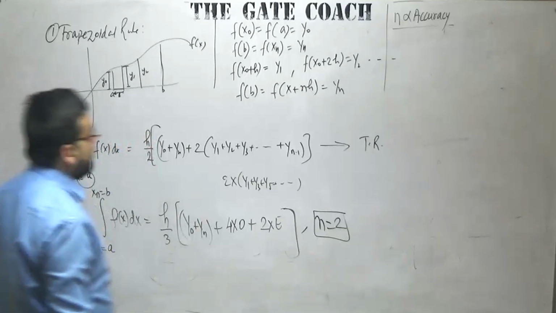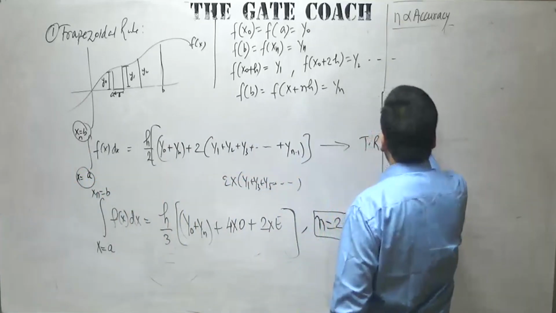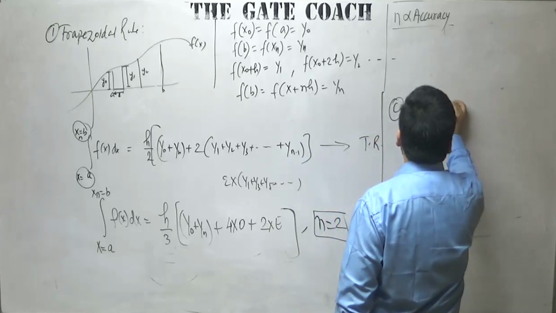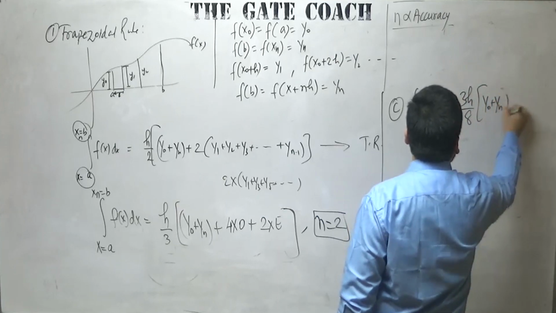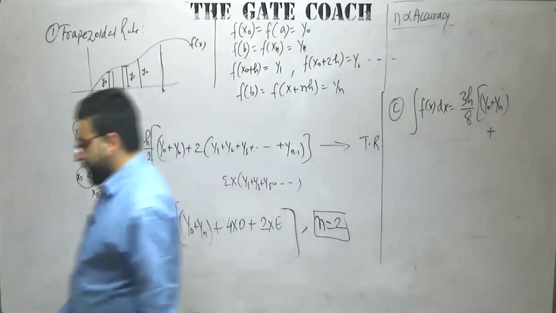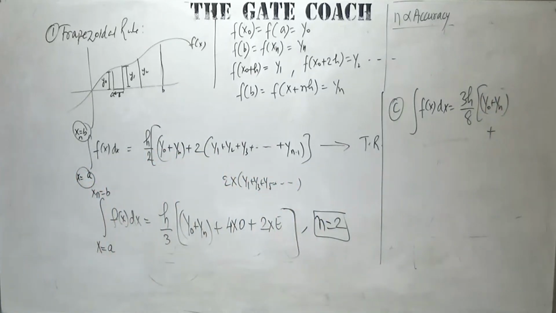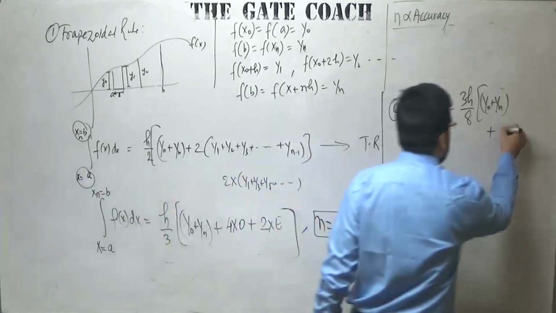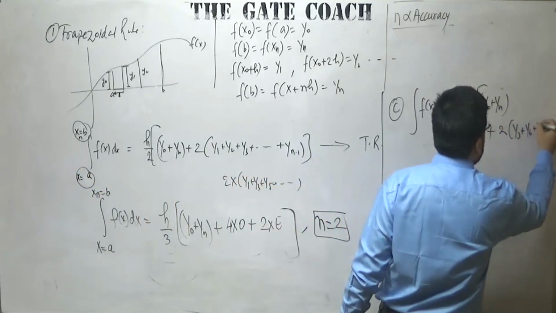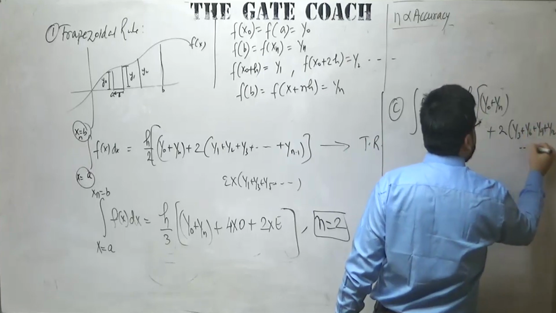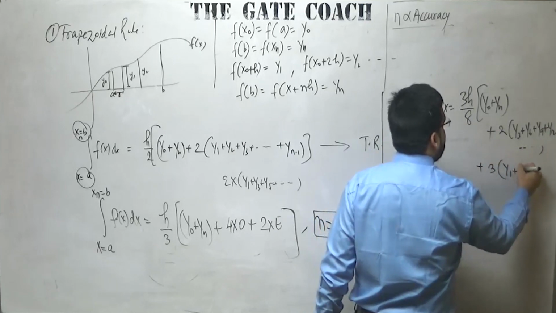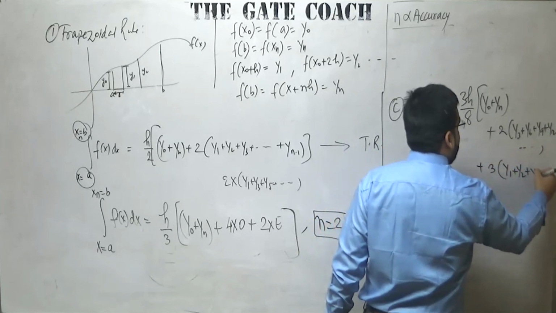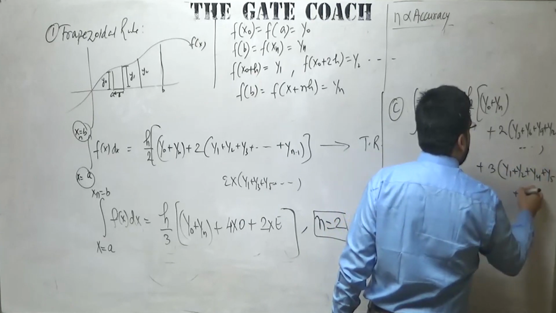Next one, number C, Simpson's 3/8 rule. Integration of f(x) dx will be equal to 3h by 8 times: first term y0, last term yn, plus 2 times y3 plus y6 plus y9 plus y12, the multiples of 3, and plus 3 times the other terms which are left, that is y1, y2, y4, y5, y7, and so on.